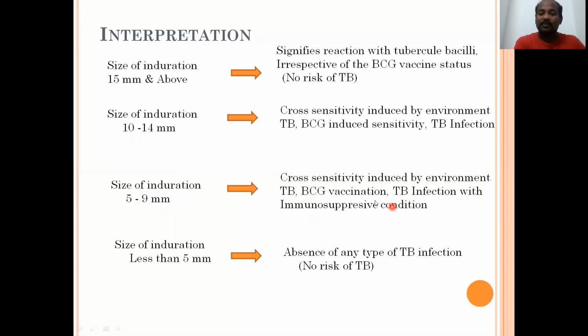This person has TB and there is an immunosuppressive situation. The same situation arises with HIV. So an induration between 5 to 9 indicates TB infection. Finally, if the size of induration is less than 5 millimeter, it means absence of any risk of TB infection. There is no risk of TB if the induration is less than 5.